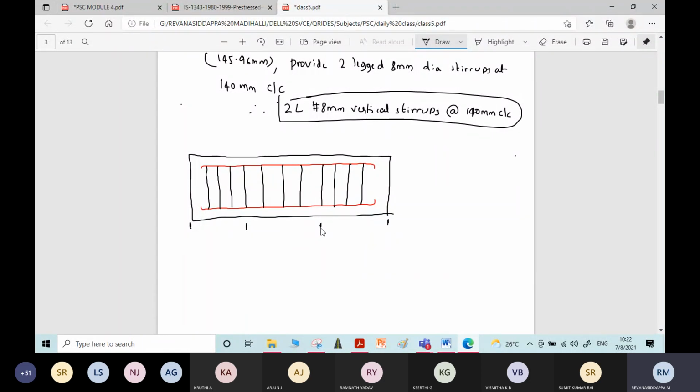Because at the middle third span, the shear force will be less only. Okay, at the support it increases. What is center to center?